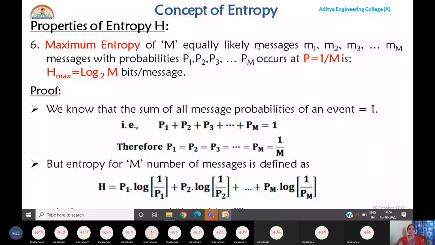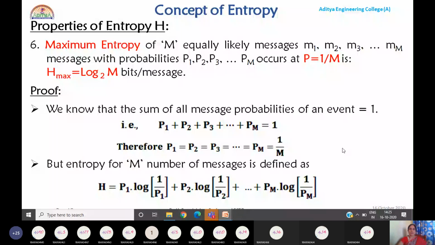So please replace all the probability values with the same value, 1 by m, because the sum of all message probabilities of an event is 1.